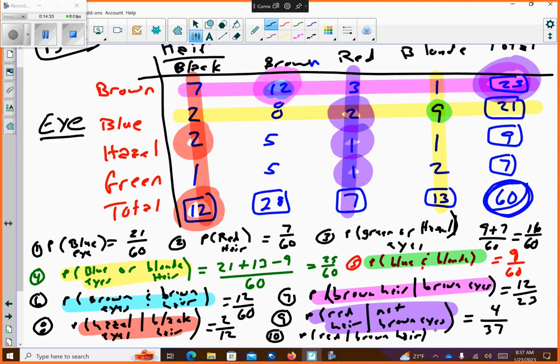So in this thing, can a person have red hair and brown hair? No. So we have a 0. And then if we look at this, we're saying, hey, they have to have brown hair. So I have a 0 out of 28, which just would be 0. Okay, I'm not worried about the red hair column as well.